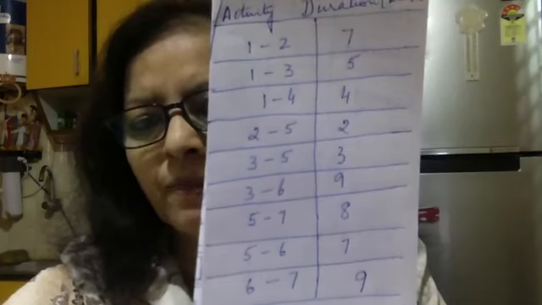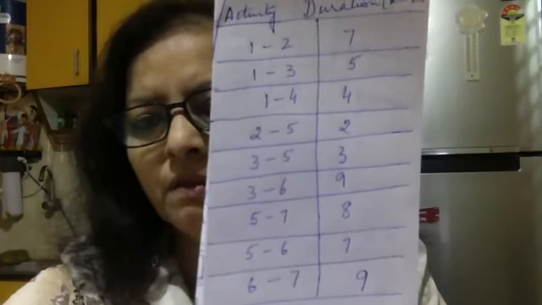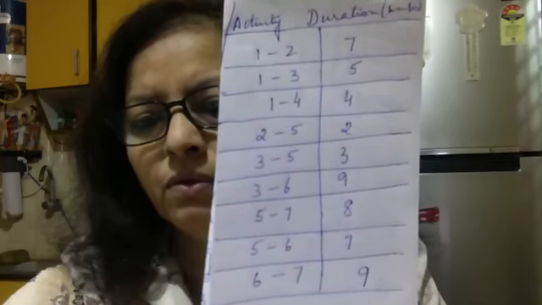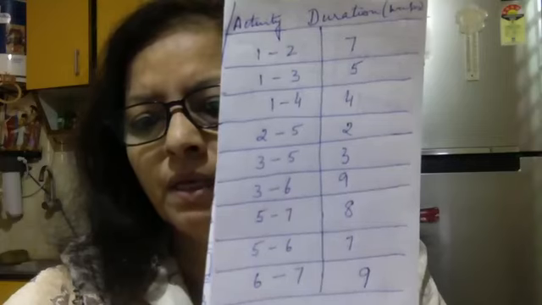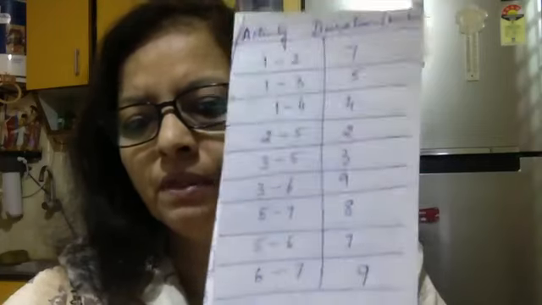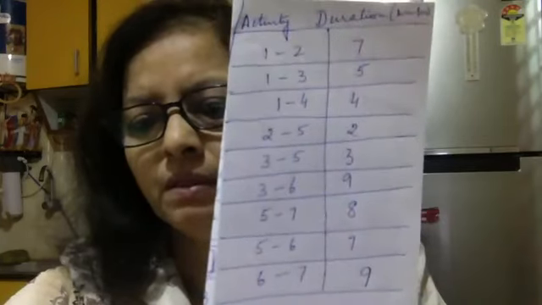Duration is 7, 5, 4, 2, 3, 9, 8, 7, 9. Already? Now we do the network model.